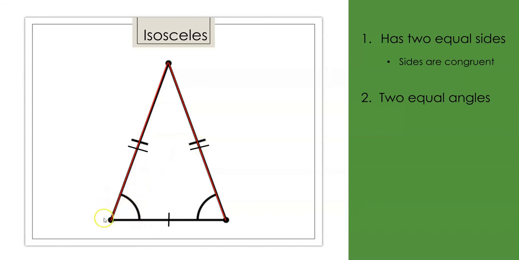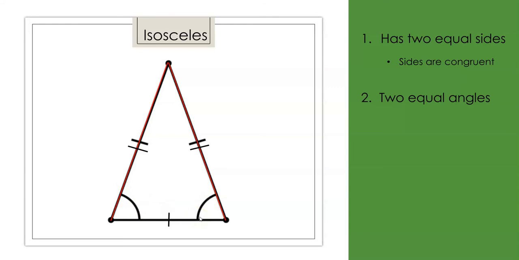The opposite of this leg of the triangle is this angle right here. So the opposite of the bottom leg of the triangle matches to the angle that's above right here. So because these legs on the sides are equal, therefore the angles down here on the bottom are equal to each other.